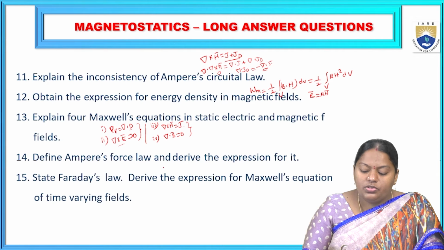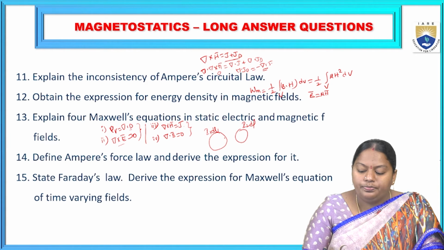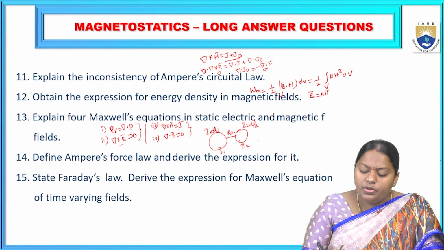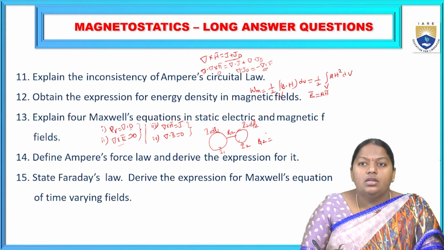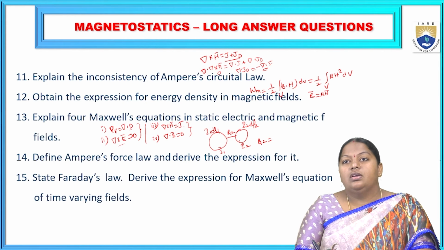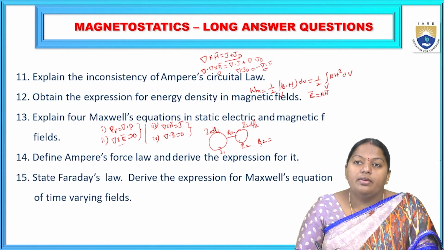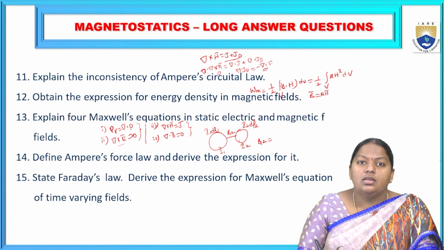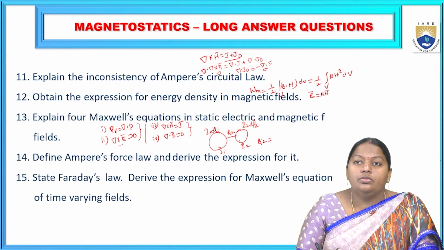So to derive Ampere's force law, we need to consider two current carrying loops. One is I1 dl1 and the other I2 dl2. So the current in circuit one is I1 and here it is I2. And the distance is to be considered as R12 or sometimes R21 also. Based upon this, B12 or B21 can be written, that is the magnetic flux density in circuit 2 due to the current element I1 dl1, or B21 means the flux density produced in circuit 1 due to the current element I2 dl2.